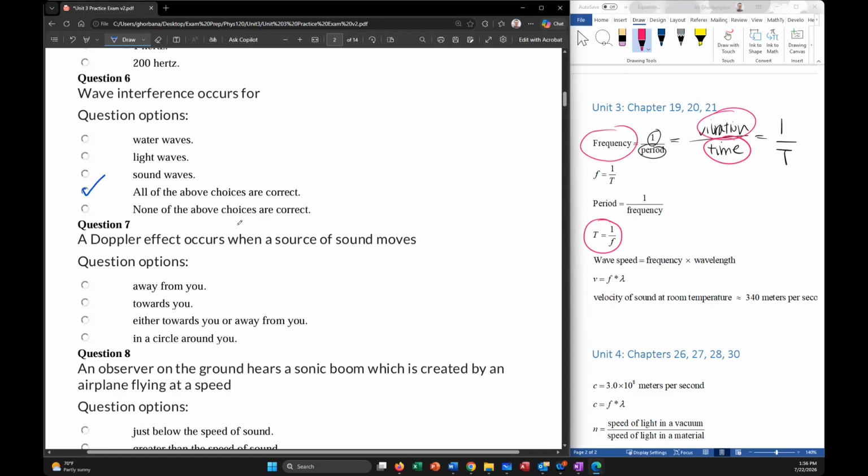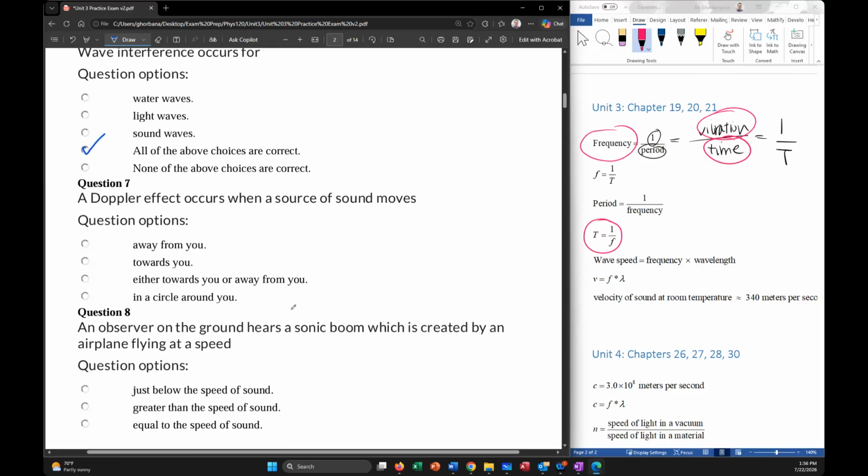This is called a law of interference, sometimes we call it the interference principle. Doppler effects occur when a source of sound moves toward you or away from you.